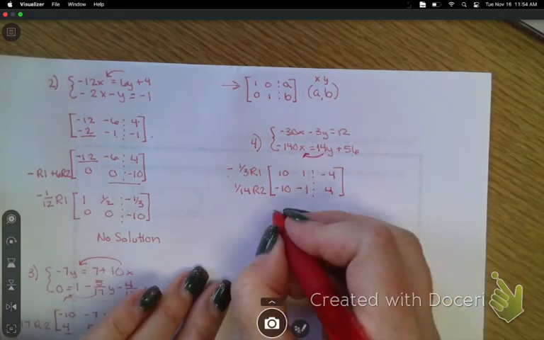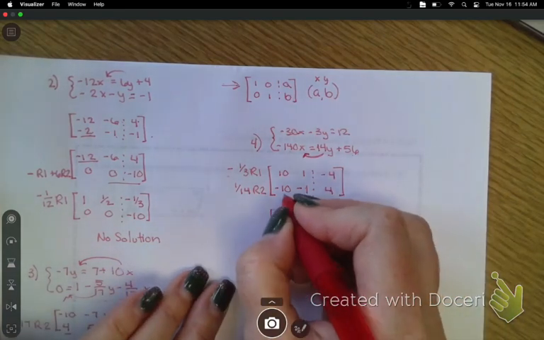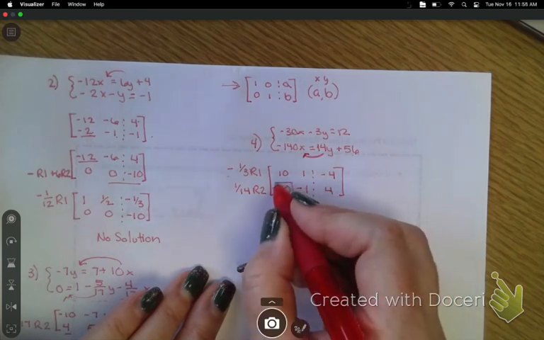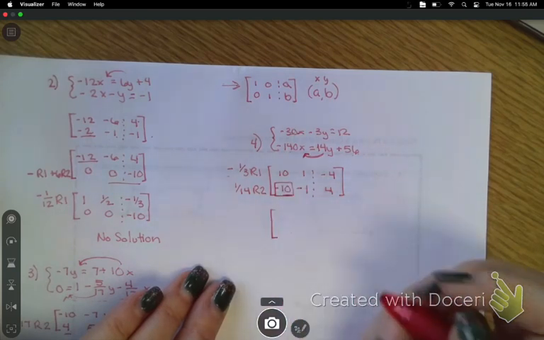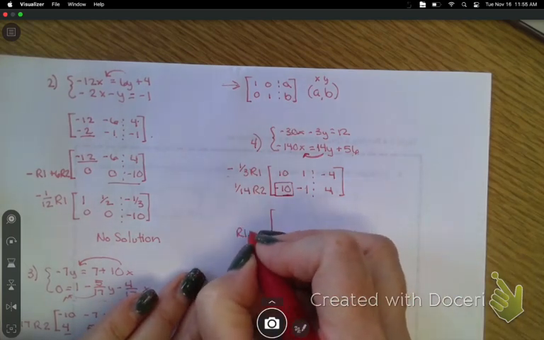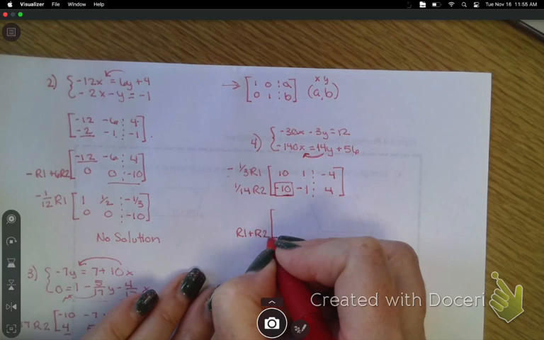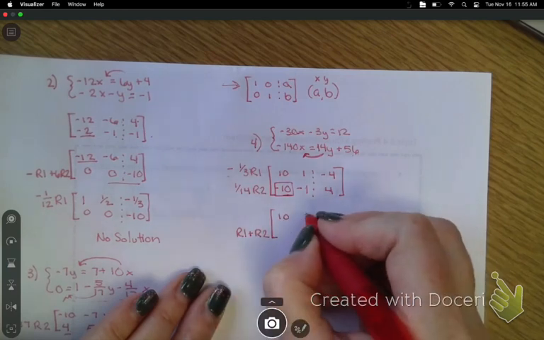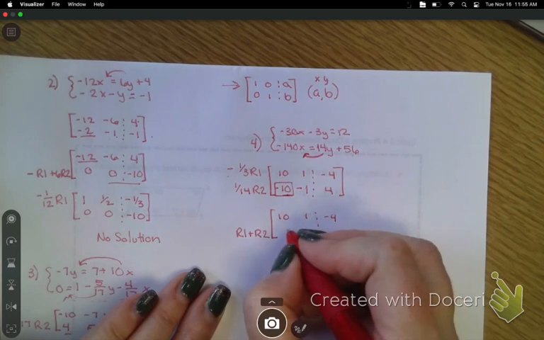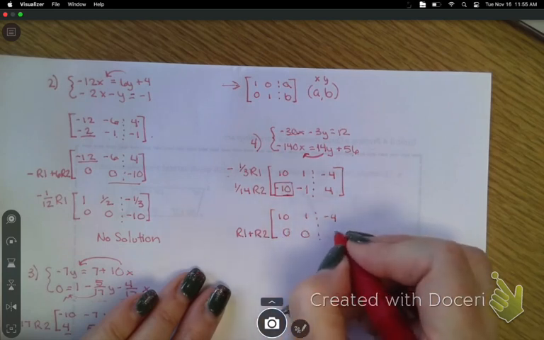And so I need to zero out this -10 right here in this first column, second row. So I'm just going to take R1 plus R2 because they're the same. So 10, 1, -4, and I have 0, 0, and 0.